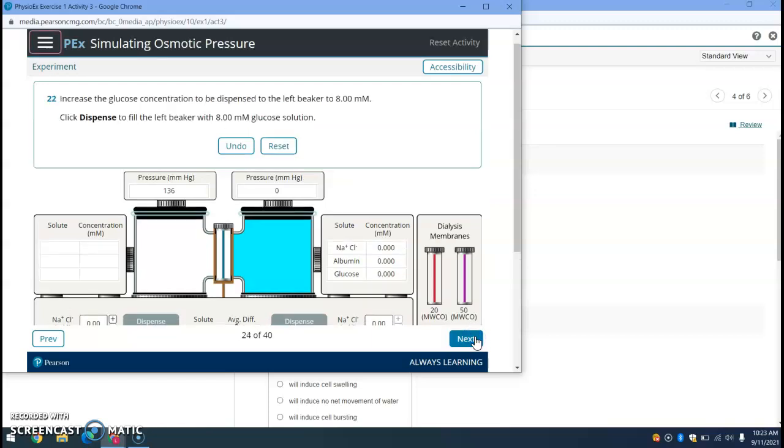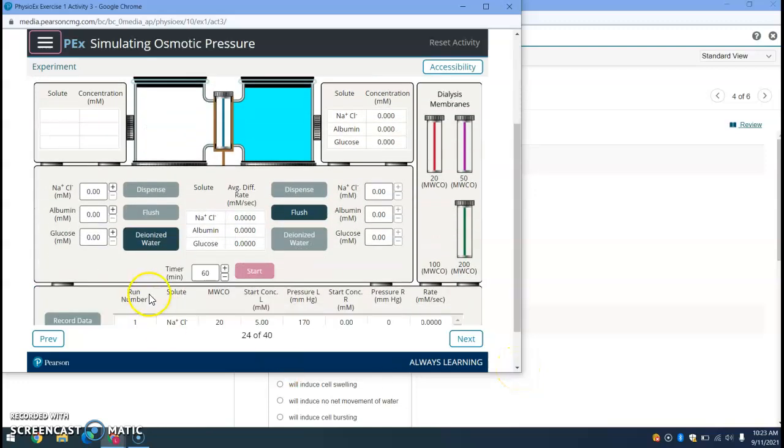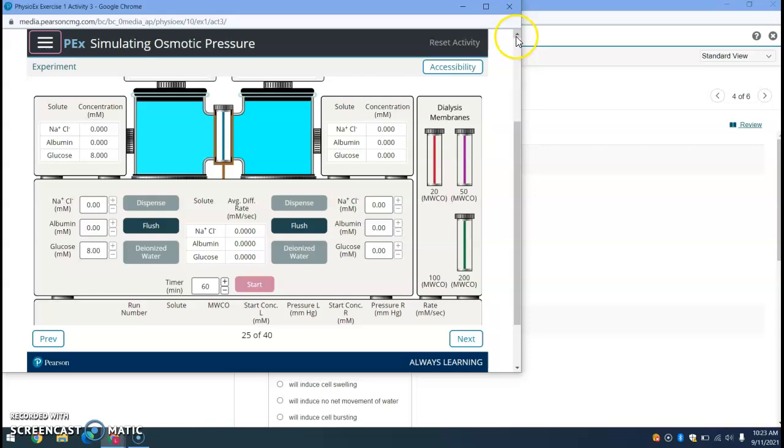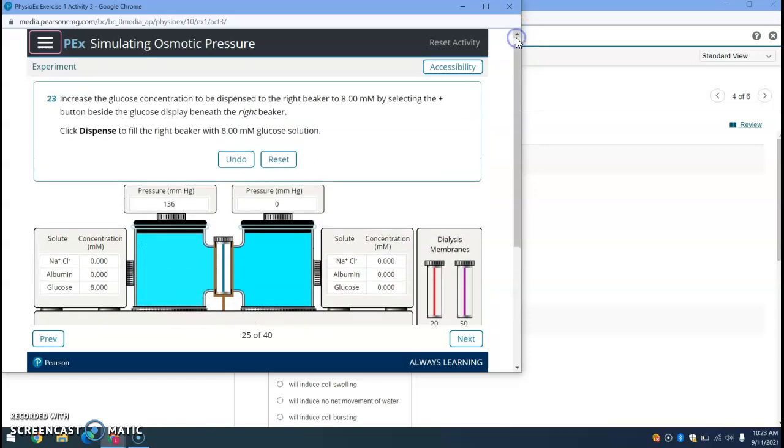Increase the glucose concentration in the left beaker to 8 millimolar. Okay, didn't we do that? All right. And then increase the glucose concentration.